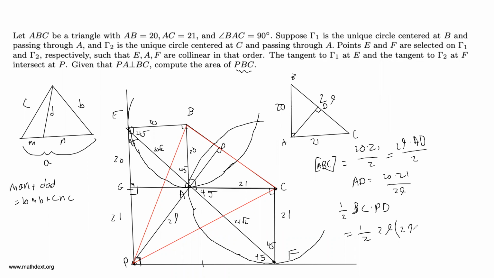That's going to be 29 plus 20 times 21 over 29. And once you compute that out, you get half of 841 plus 420, which is 1,261 over 2. That is the area of PBC.